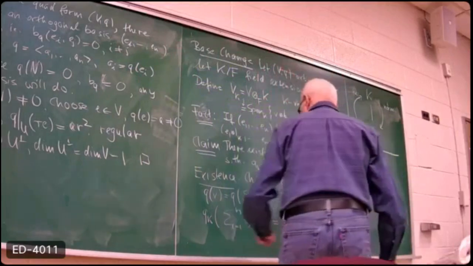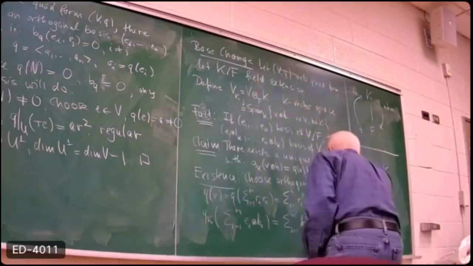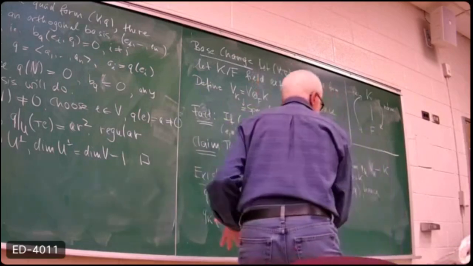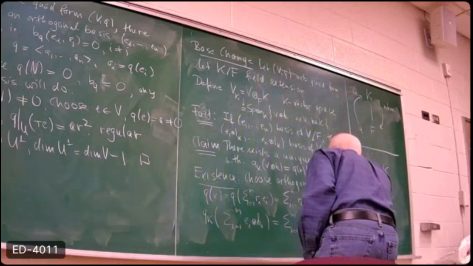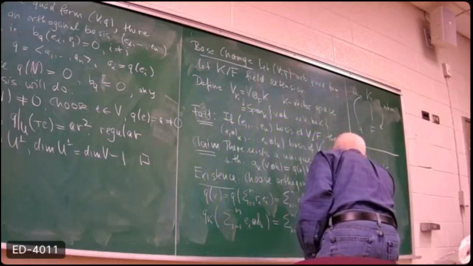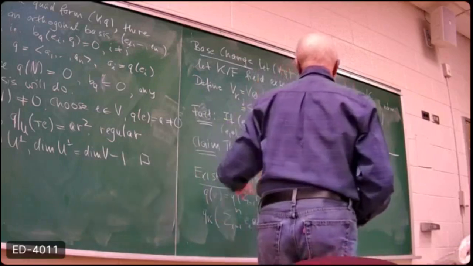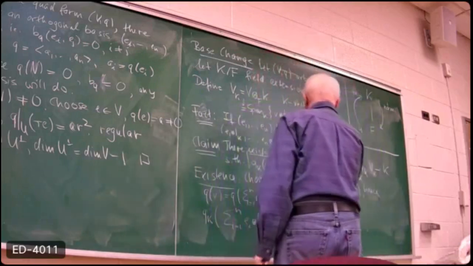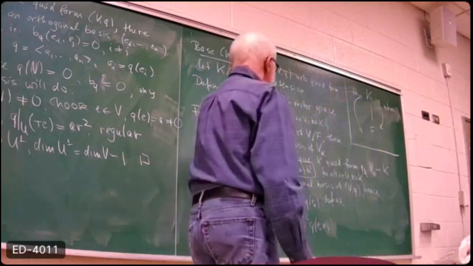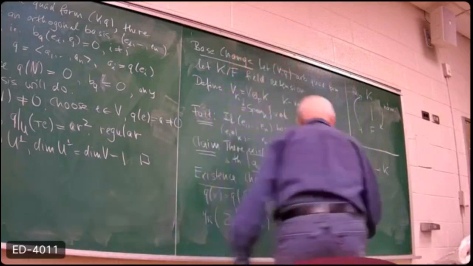Now, Q, because this is also on the basis, I would have Q of e_i times 1_K, but because of my requirement here, the K is 1, and this is 1, so I can just do it.